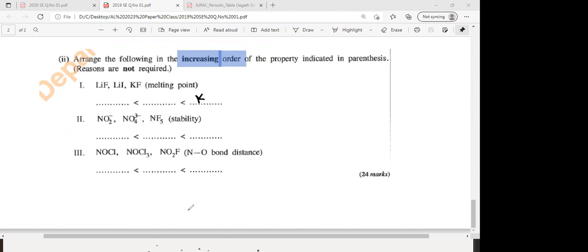Why does KF have the highest? KF has the highest value. And out of these, which one has the lowest? LiI, lithium iodide.